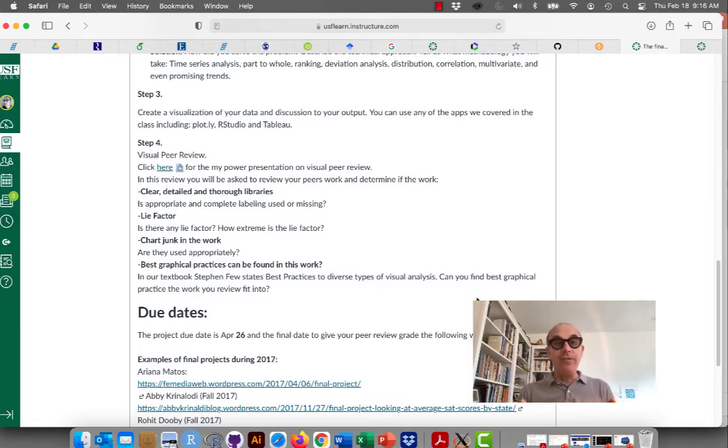Is there a lot of what they call junk elements, which means unnecessary elements that overstate the issue? That will be judged too. And third, the best practices that can be found in our textbook. So those are the rubrics that we are going to use.